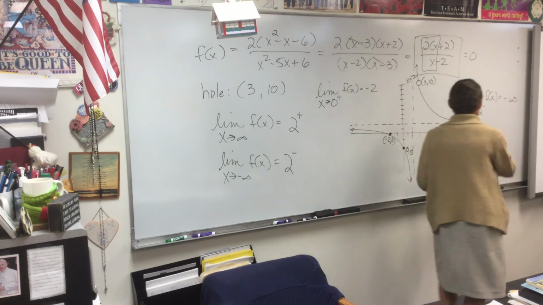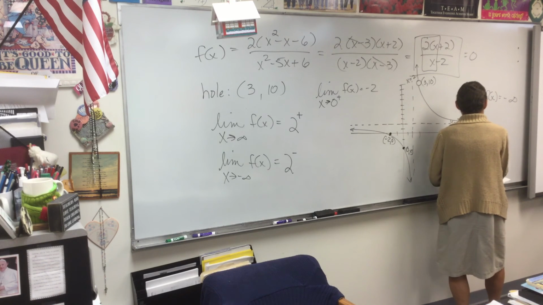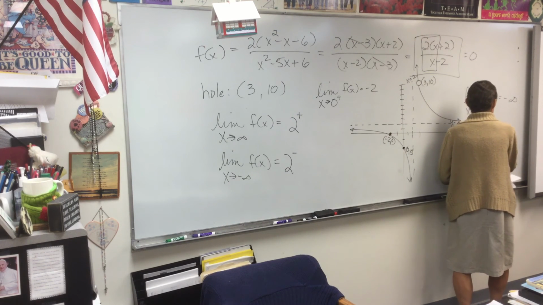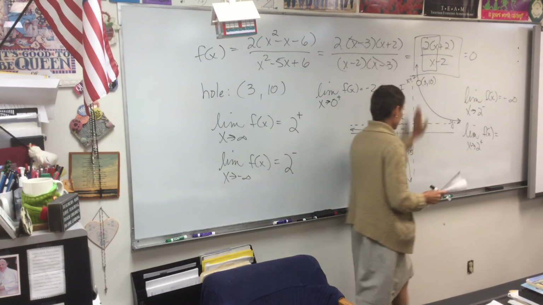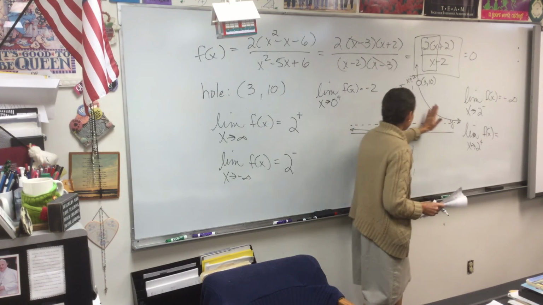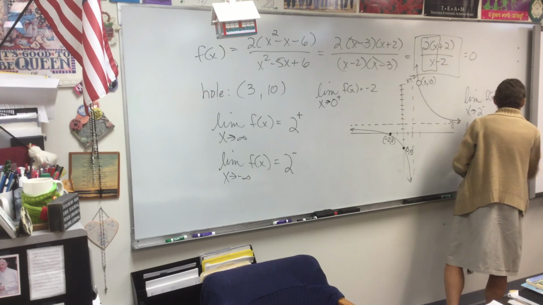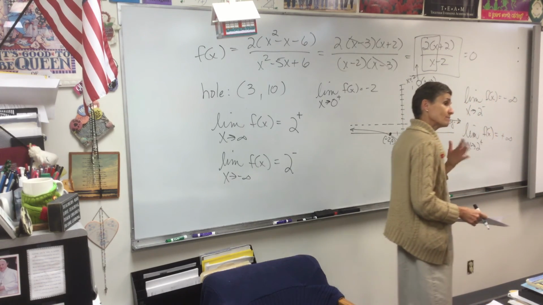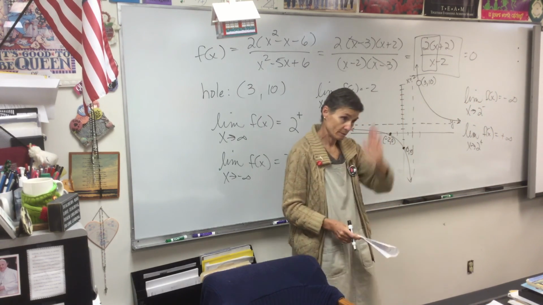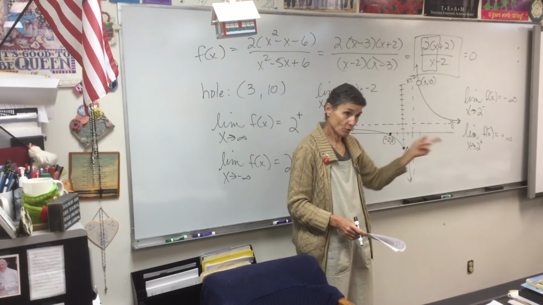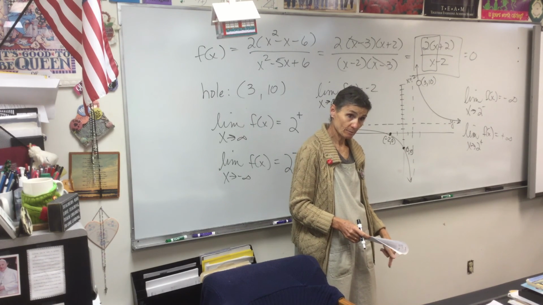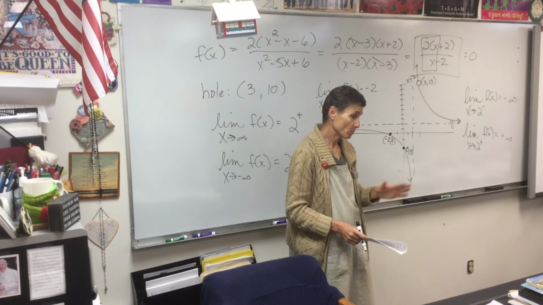Number 10 is from the right side. What happens as we approach 2, the asymptote, from the right side? It's going up, positive infinity. When you approach a vertical asymptote, you're either going to go up or you're going to go down, right?